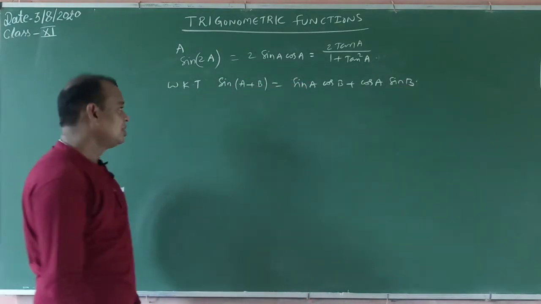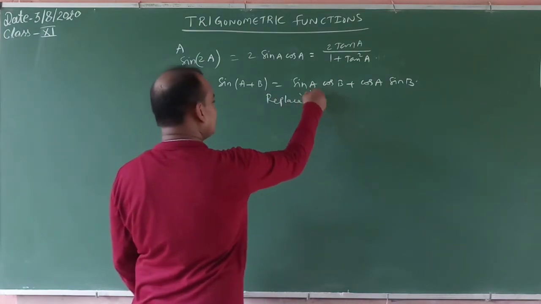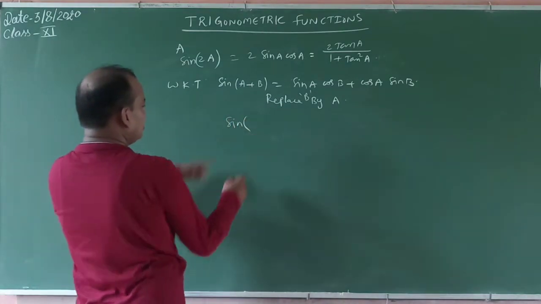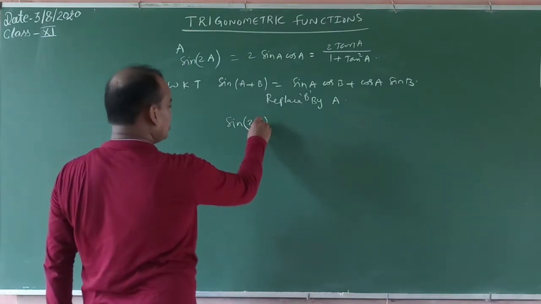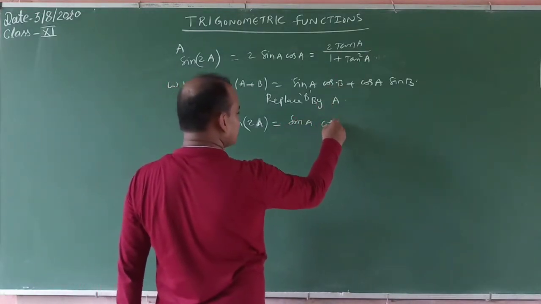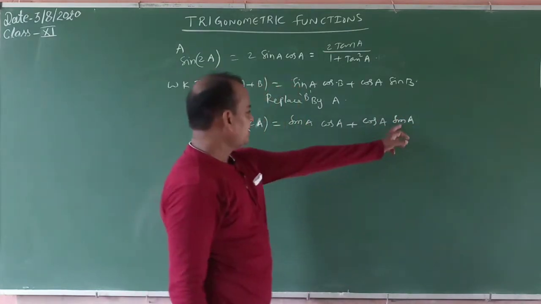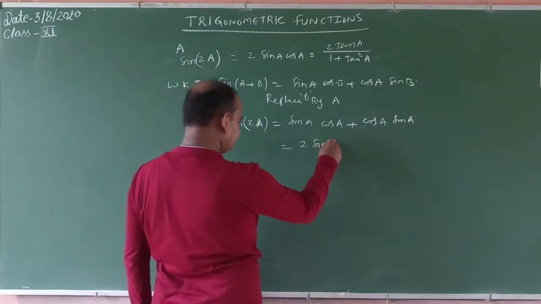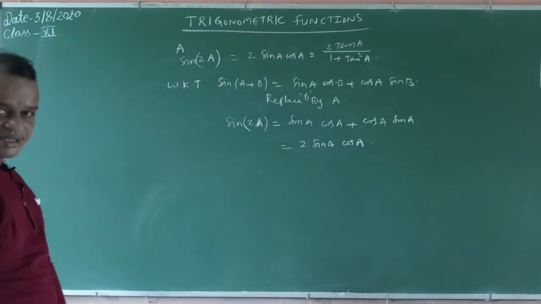Replace B by A. Sin of A plus A, that is 2A, is equal to sin A cos A plus cos A sin A. Both are the same, sin A cos A, so 1 plus 1 equals 2 sin A cos A. Yes or no?